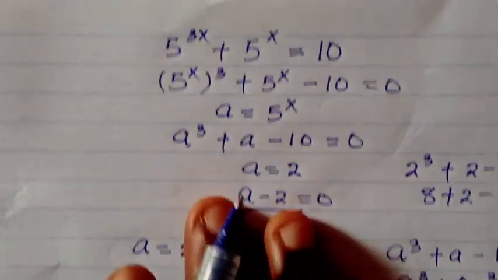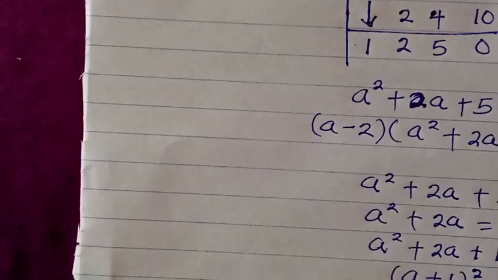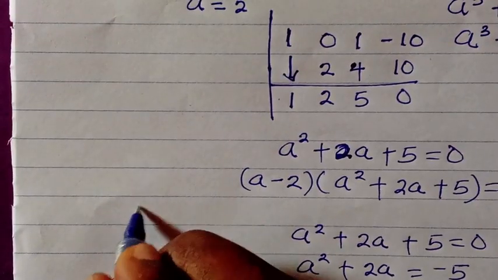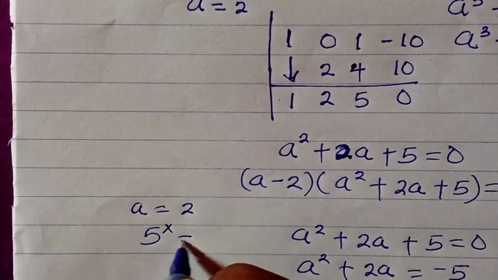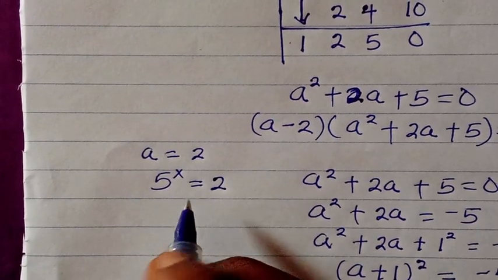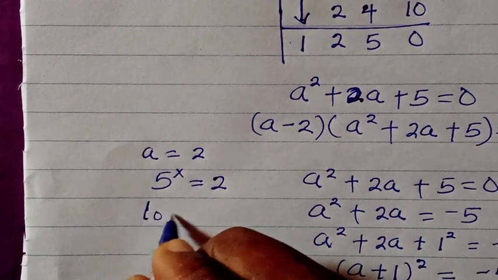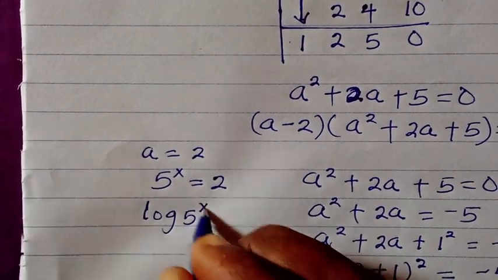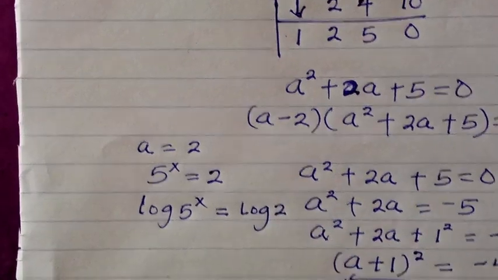We should recall that a equals 5 to the power of x, which means we are going to find the value of x, not the value of a. On getting a equals 2, we have 5 to the power of x equals 2. To get x here, we introduce the logarithm. We have log of 5 to the power of x equals log 2.